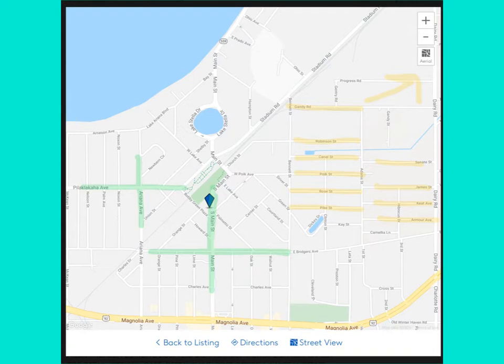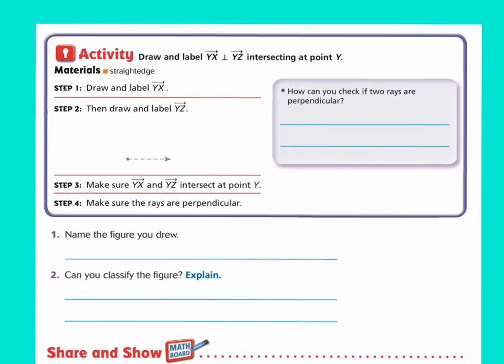Let's look at page 390. Okay guys, let's look on page 390 at the activity section. It's asking us to draw and label ray YX, which is perpendicular to ray YZ, and it's intersecting at point Y. So step number 1 says to draw and label ray YX.